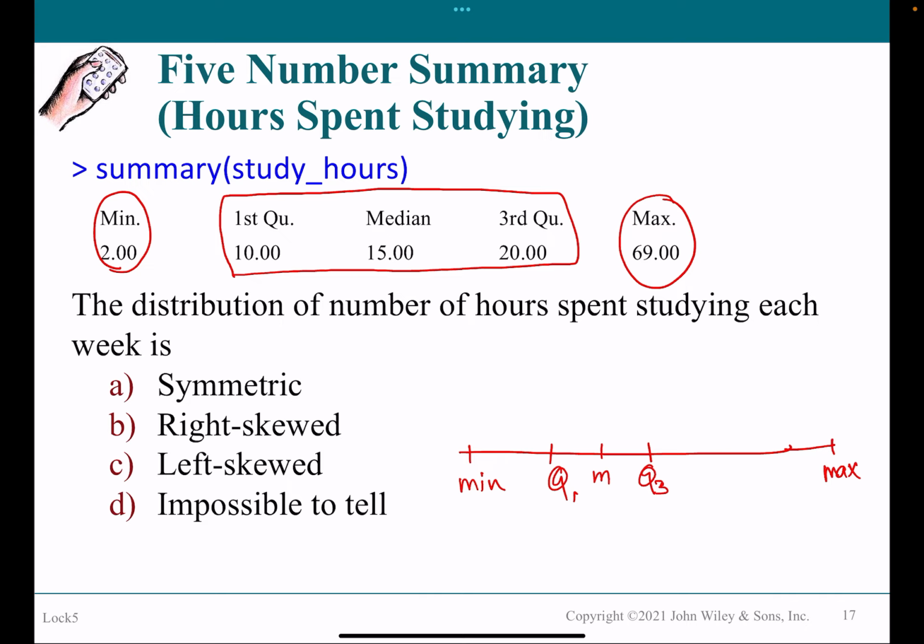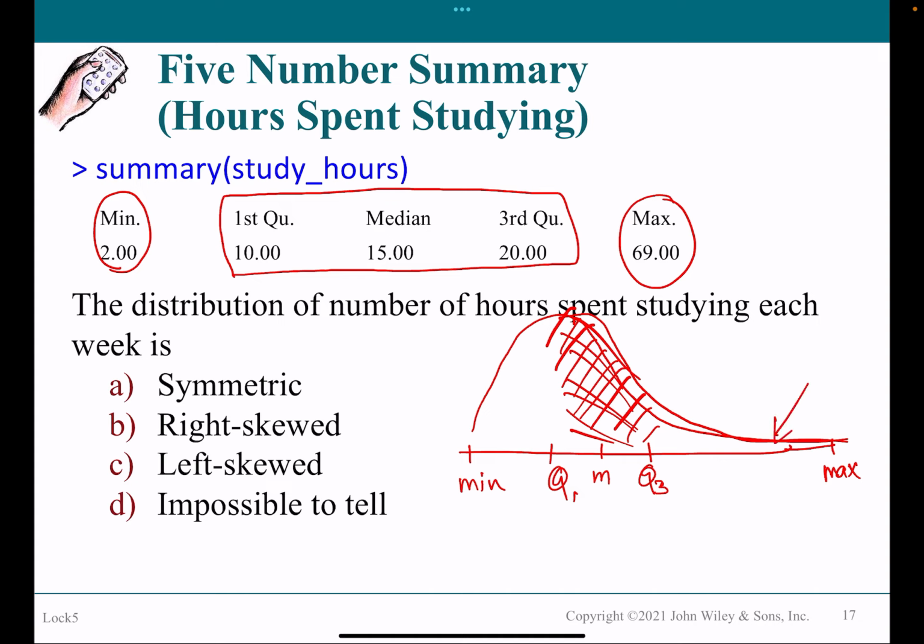These are, as you can see, in a very converged area. So if I draw the distribution, it looks like this, because more data points converge to this area. As you can see here, there is a tail on this side, because of the gap between this one and this one, and also these two.